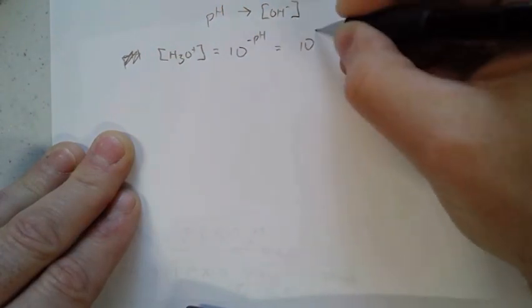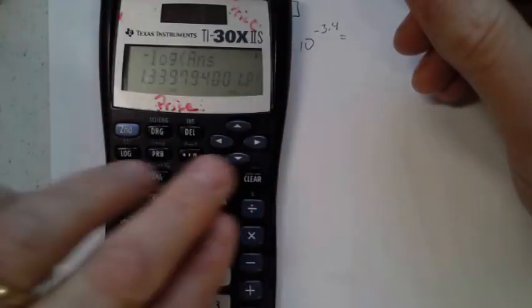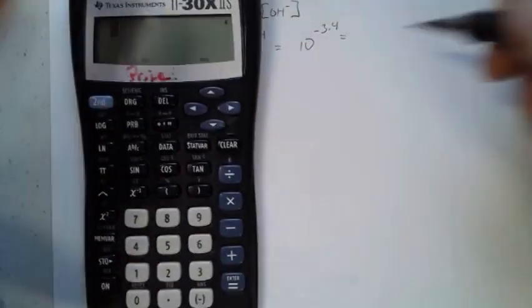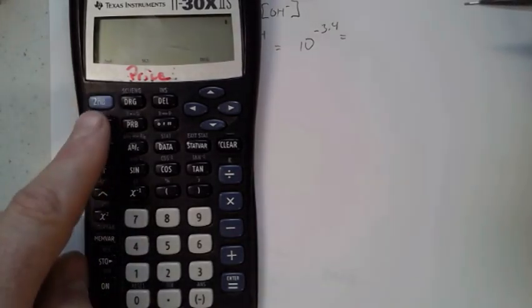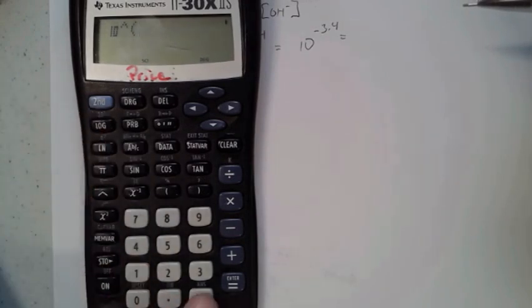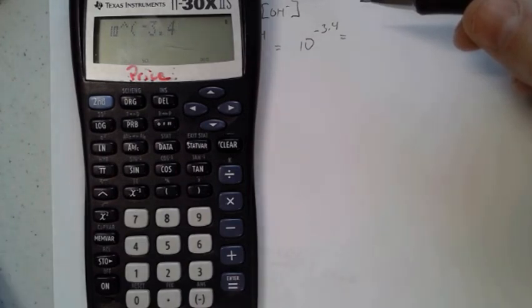So, first step, I have the pH, so the concentration of hydronium is equal to 10 to the negative pH. So that's going to be 10 to the negative, sorry, not molar, it says 3.4. So the pH is 3.4. So on my calculator, I go second, 10 to the x, negative 3.4 equals.